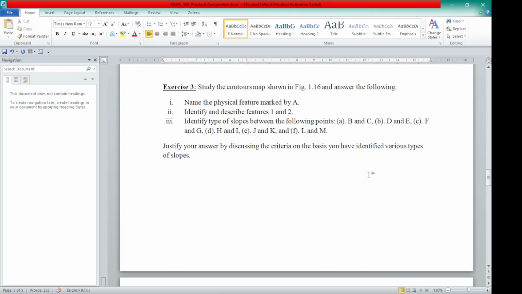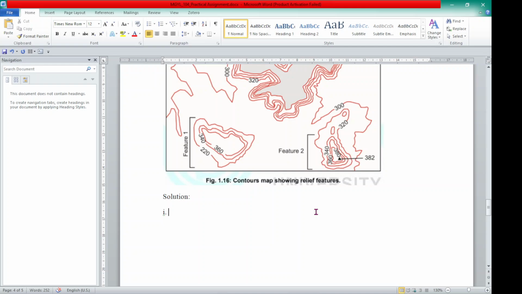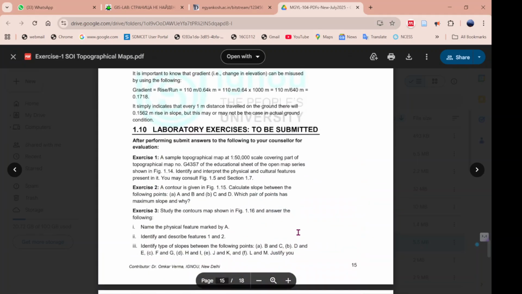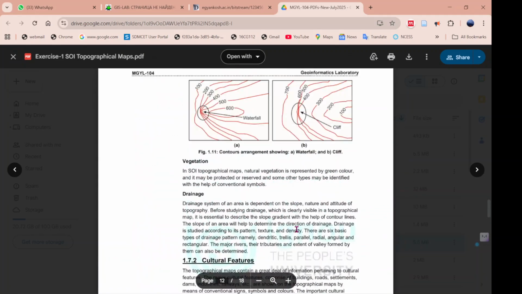Name the physical feature marked by A. And how do we know that it is a plateau? We can go back to our manual where plateau is being discussed.